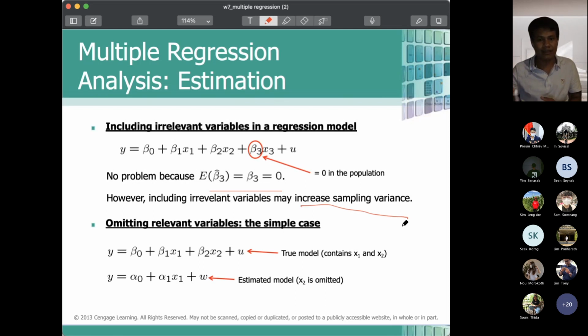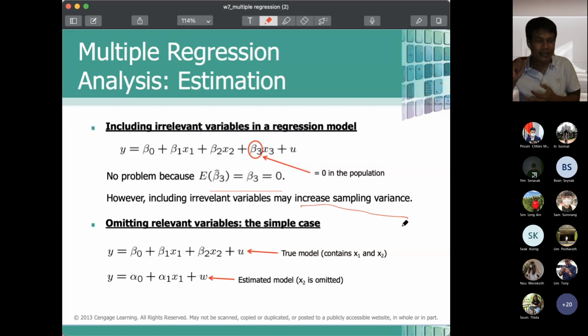So there is still an issue. Here, you have a trade-off: either you include a relevant variable or not. If you include it, you address the issue of omitted variable bias, but another issue emerges.